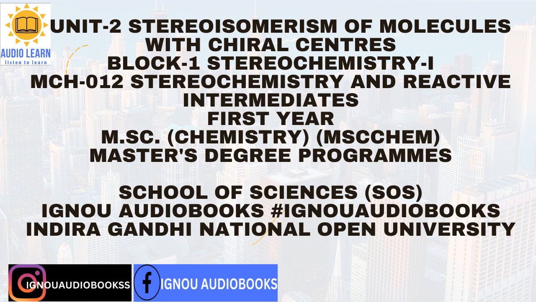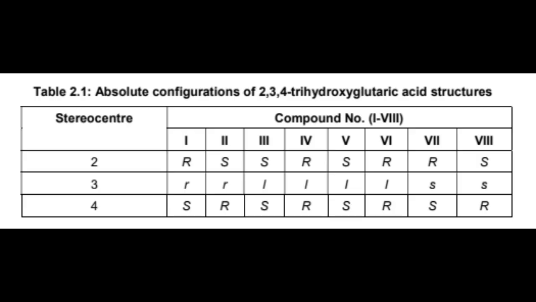Hence, due to the symmetrical nature of trihydroxyglutaric acid, there are considerably fewer than the maximum 8 possible stereoisomers. It exists in 4 stereoisomeric forms, 2 of which are optically active, 3 and 4, while the other 2, 1 and 7, are optically inactive because they are meso forms. In all, it contains 2 asymmetric and 1 pseudoasymmetric carbon atoms.